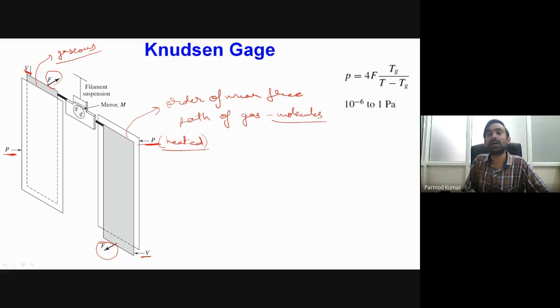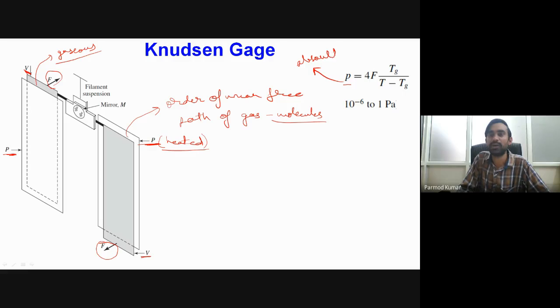Okay, so what we can do over here, we can measure this amount of force which is acting because of the molecular collisions, particularly coming from the hot plate, and that amount of force can be related to the value of pressure, and this value of pressure is the absolute value of pressure.